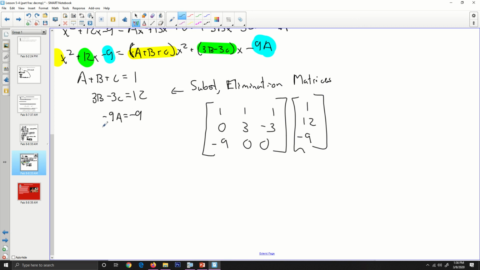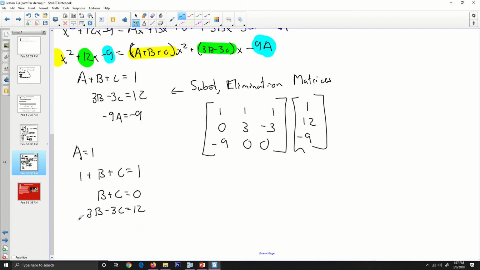You could do it that way if you wanted to. But I can solve this fairly quickly, just algebraically, because this last one here only has an a in it. I mean, a has to equal 1, right? And if a has to equal 1, then I can go up to these top two and say 1 plus b plus c has to equal 1. That would mean that b plus c has to equal 0. And then 3b minus 3c has to equal 12.